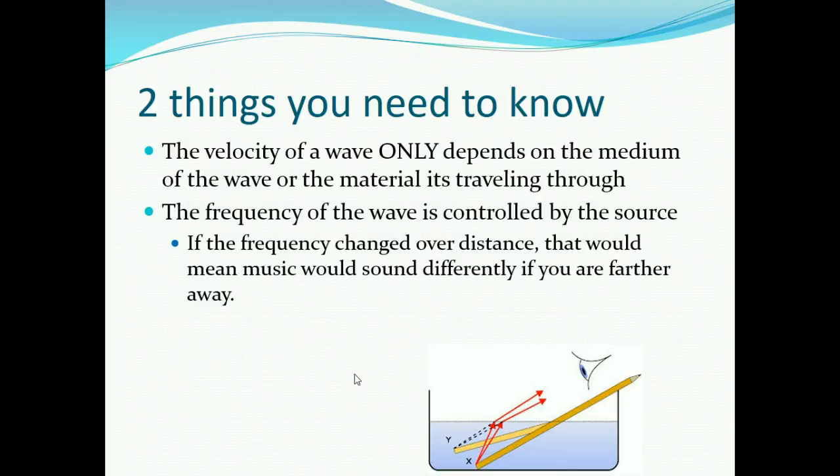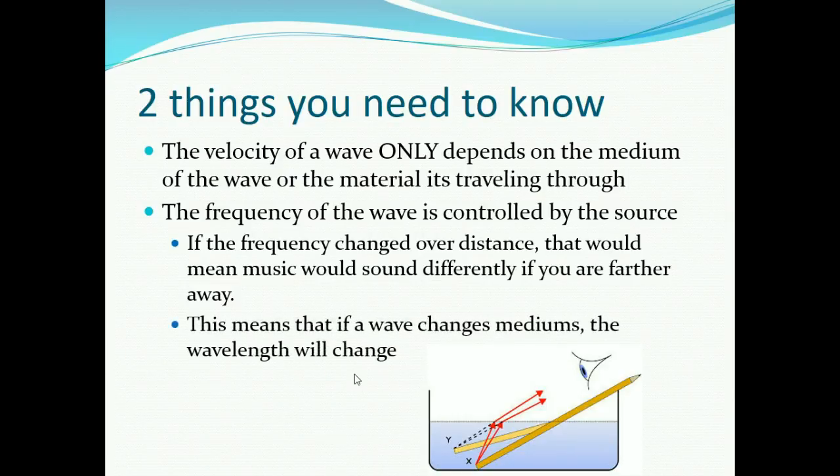So let's just say you were at a concert and your friend is playing the piano and you are in the high seats far away from your friend. If frequency did change, that means you would hear totally different notes than what he's playing, which is not true. So frequency is only determined by the source. So that's great for music.